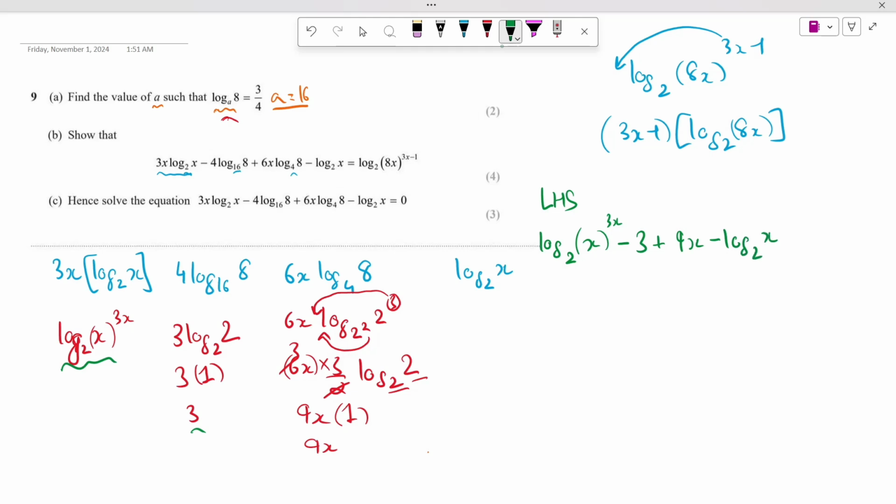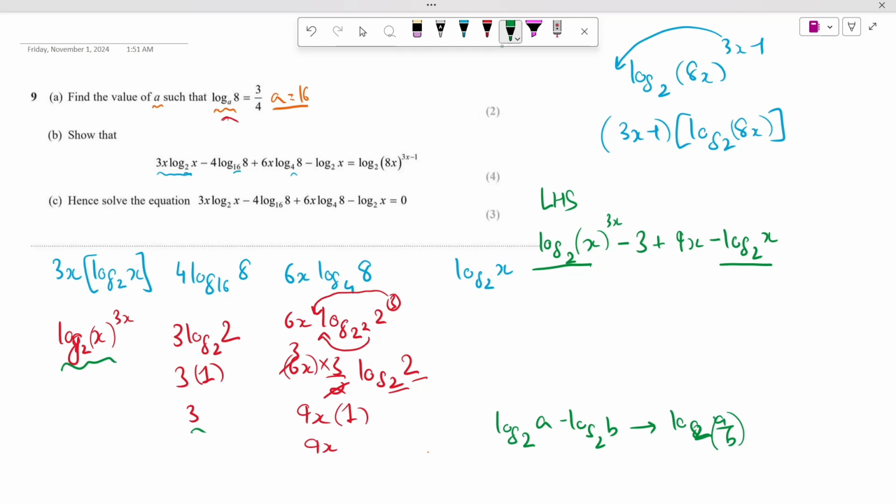See, this term and this term can be solved using a property of logarithm that if the base is the same, for example log base 2 a minus log base 2 b, it can be written as log base 2 a upon b. This is a property of logarithm.